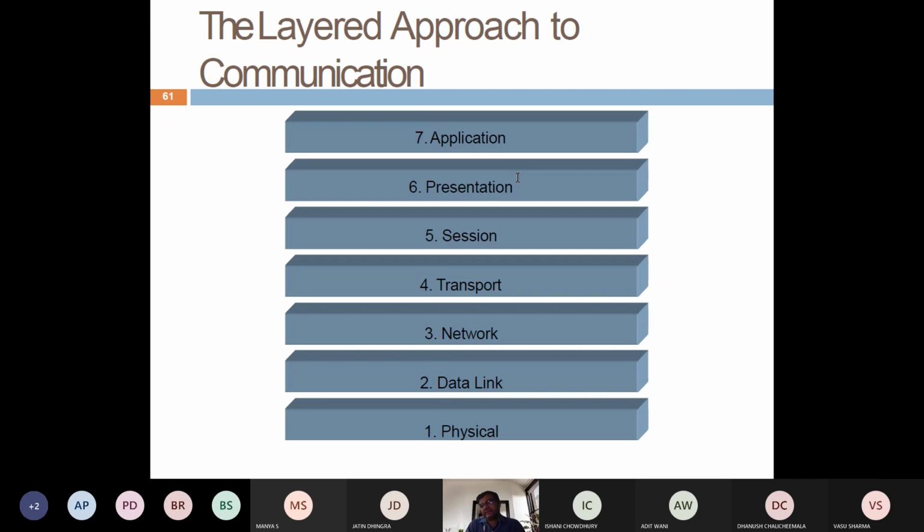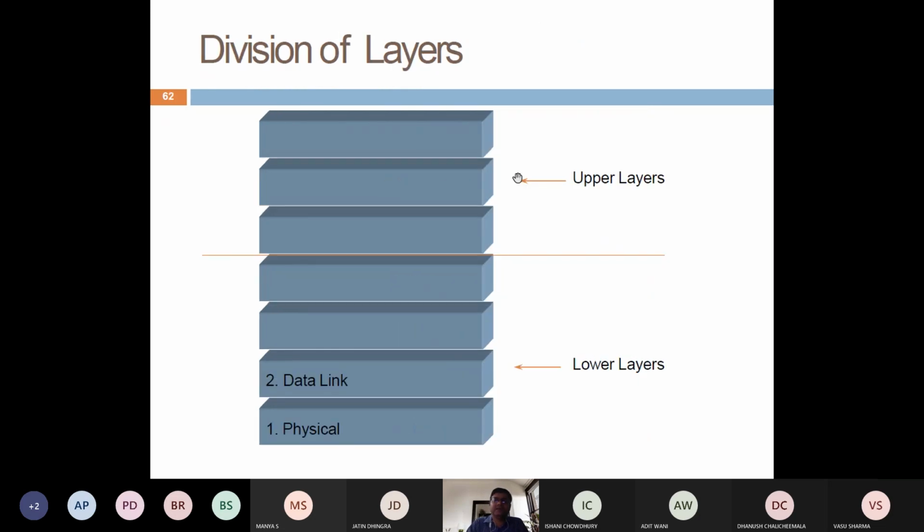Now we have to know the responsibilities of the different layers. We have seen the 7 layers of the OSI reference model. From these 7 layers, the bottom 4 are considered the lower layers, and the top 3 are called the upper layers.